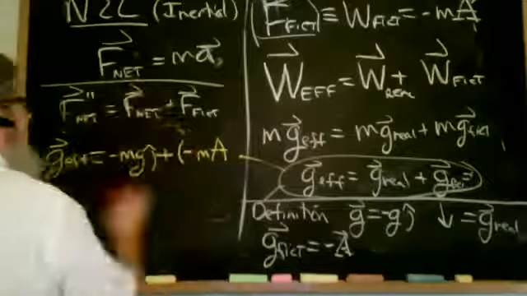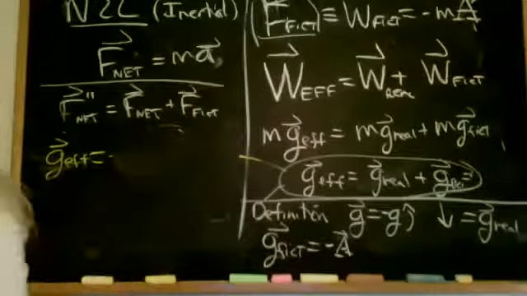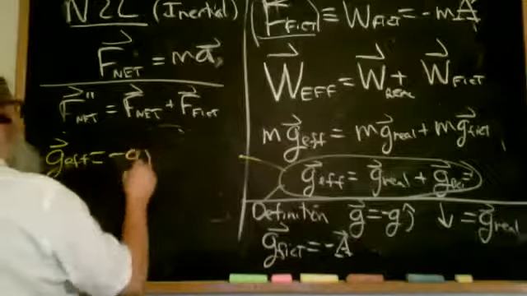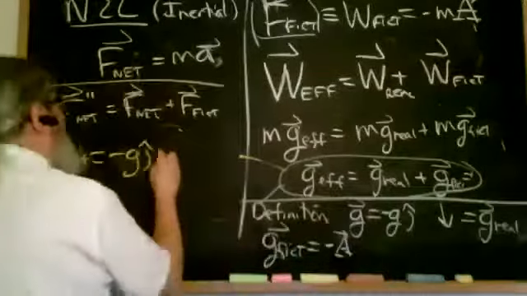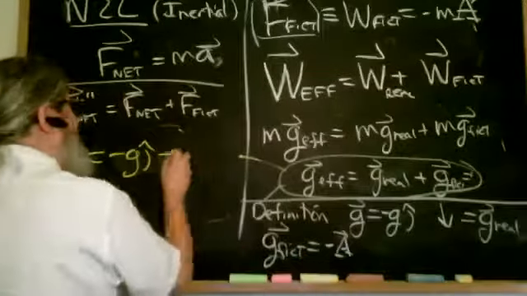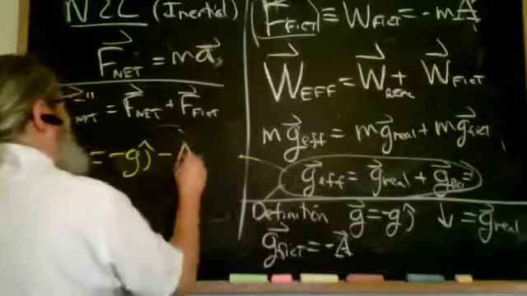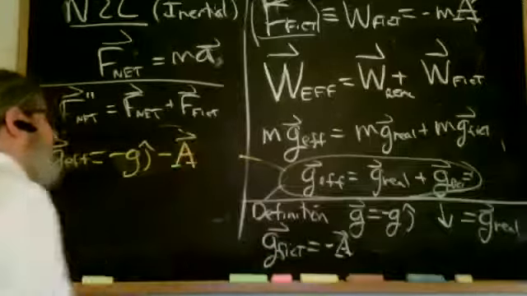I don't want the m's. I want G. So the m's don't belong there. G effective is equal to negative G j hat, because that's how I've defined it here, minus G fictitious, which is just A. There we go. That's better.